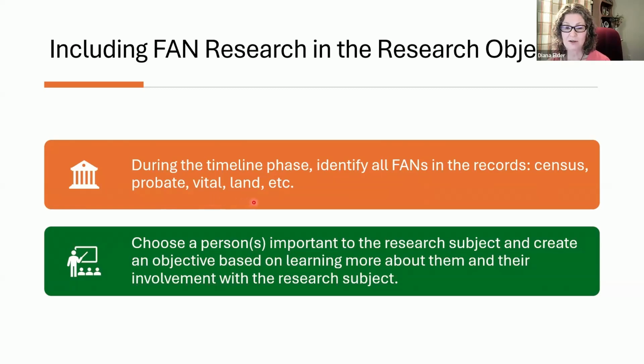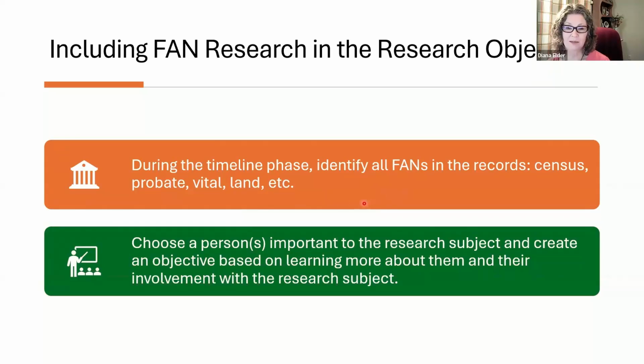In a land record, you could have the person who is purchasing or selling the land, witnesses, anybody named in the land record. So there are a lot of different places where we will find the FANs, all those people associated with our research subject. Not just these records, but in every record you look at, you should be seeking to identify a FAN.